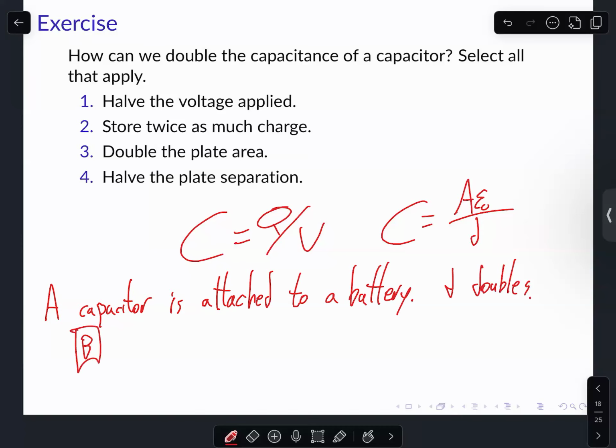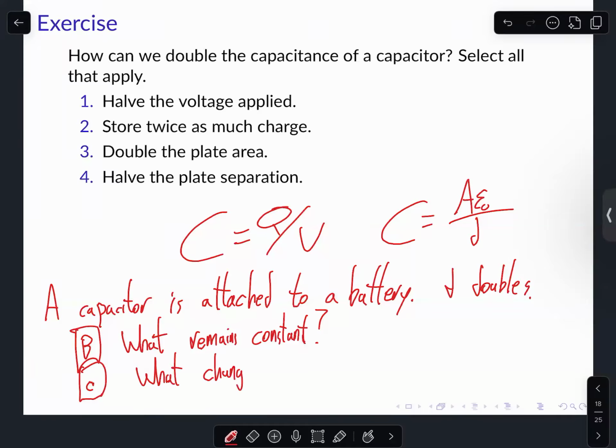Google question B. What did I ask first? What remains the same? Is that what I said when I first stated it? List the variables that remain constant. Google Form C, what changes? Just list the variables.